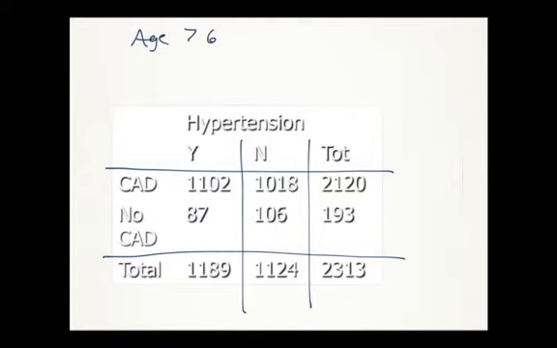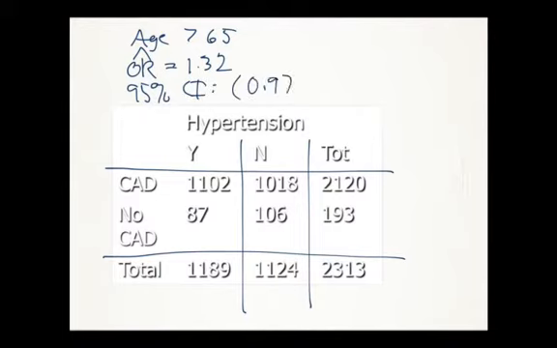The odds ratio here, if we were to carry out the calculation, would be 1.32. So again, it looks like there's an effect. But this time, the 95% confidence interval goes from 0.97 to 1.80. So this time, the null value of 1 is in our 95% confidence interval.